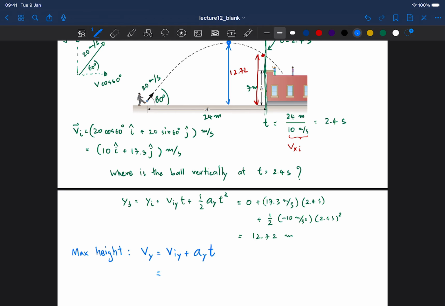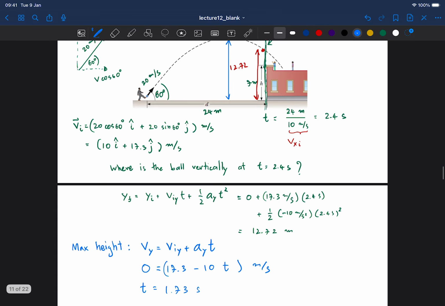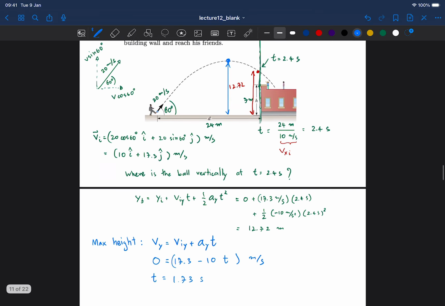Initially it has 17.3 meters per second, and the acceleration is minus 10 times t, so the whole thing is in meters per second. So what's the time that it reaches the height? Well, when you set this equal to 0, then the time will be just 1.73 seconds. That's the time where it reaches the highest point.